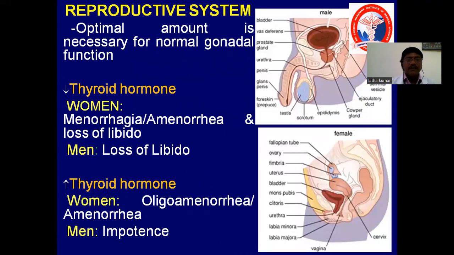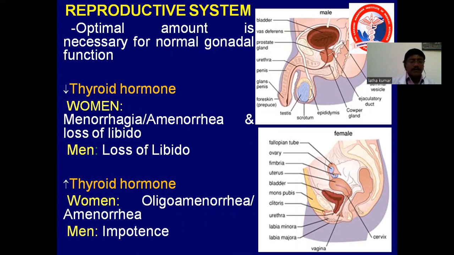Okay, then next, reproductive system. Optimal amount is necessary for the normal gonadal function. Decreased thyroid hormone in women leads to menorrhagia, amenorrhea, and loss of libido. In men, loss of libido.